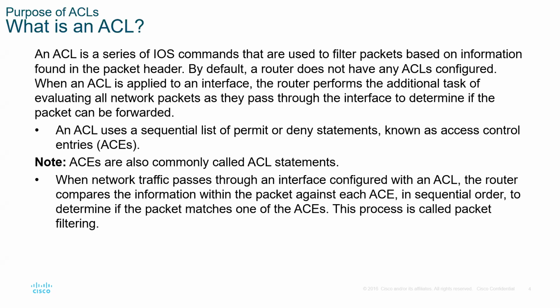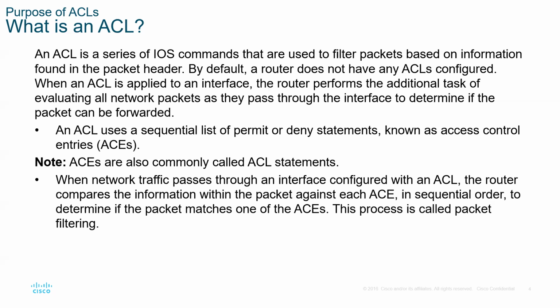Not only a router, if you do network security, you will realize you can configure ACLs on firewalls as well. So it is used by a router or a firewall to restrict, permit or deny traffic based on the contents of the header.